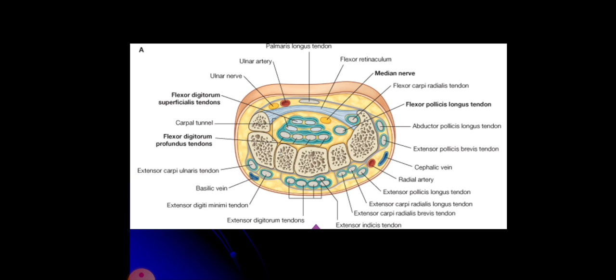Structures that pass above the flexor retinaculum are palmar aponeurosis, ulnar artery, and nerve, which are covered in this area by deep fascia and form Guyon's canal.